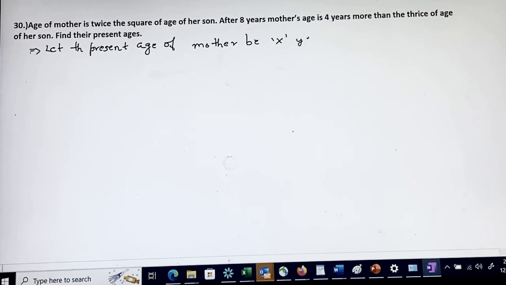Okay, whatever you are assuming, you have to write it, x years. Then the age of son is y years.